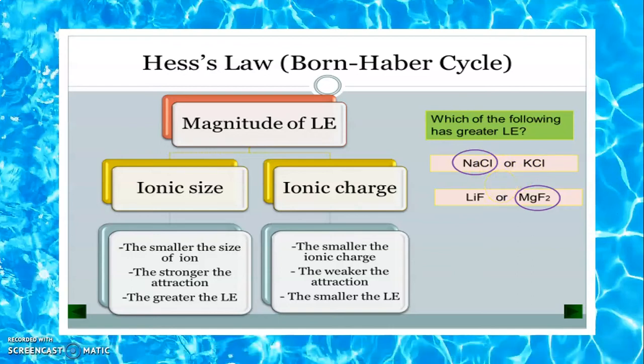Try to refer to the periodic table, so you might be able to recall the reason. Okay, ionic charge. The smaller the ionic charge, the weaker the attraction. Therefore, smaller lattice enthalpy, or easier for us to break apart the ions.